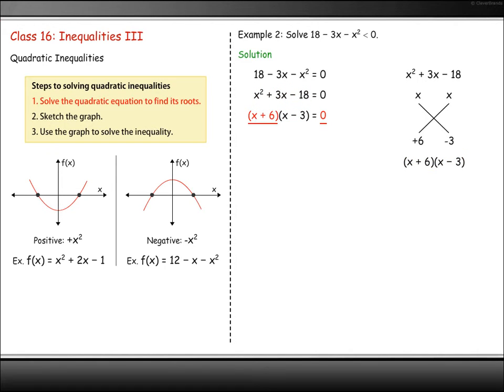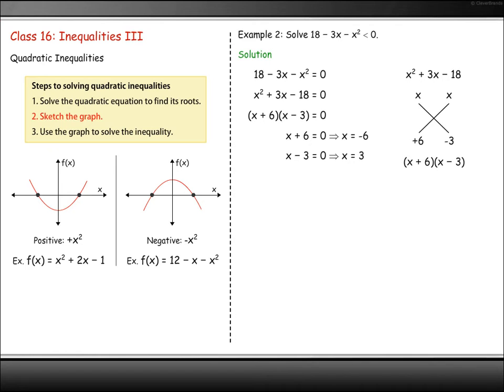Find the roots by putting each factor equal to 0. The roots are x is equal to minus 6 or 3.